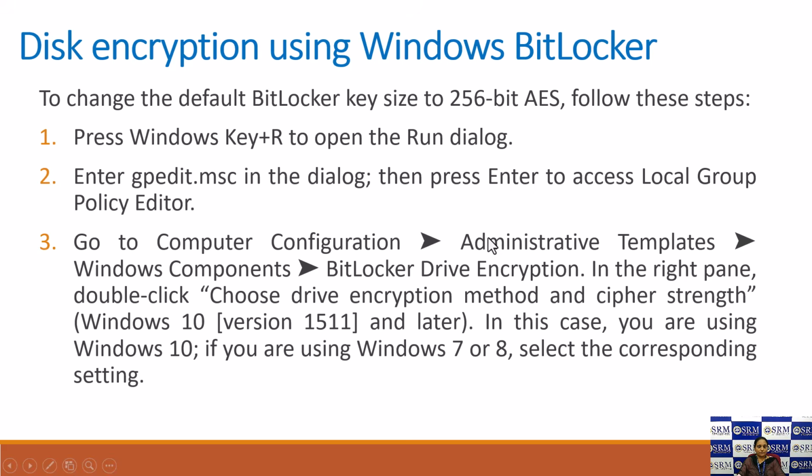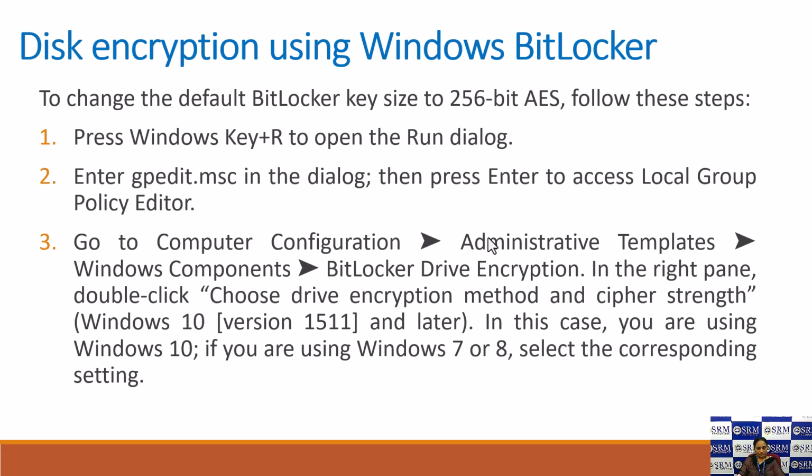So how do we do the encryption using Windows BitLocker? The default key size is 256, so how do we change the default key size? Press the Windows key and R, that is the Run key. Enter gpedit.msc in the dialog box and press Enter to access the Local Group Policy Editor.